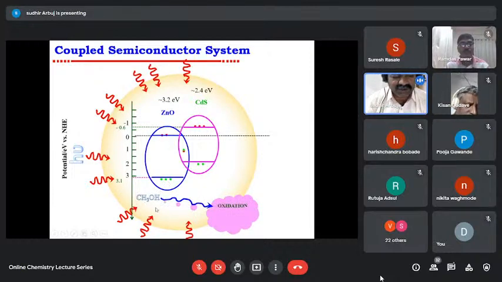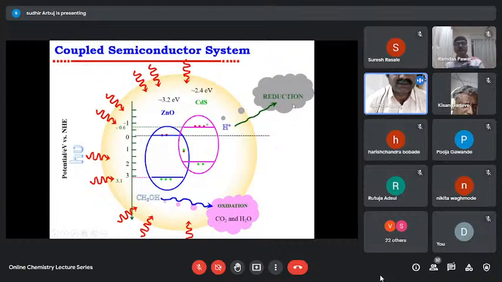The hole oxidizes ethanol, or whatever sacrificial reagent is used, creating CO2 and H2. The electron reacts with H+ ions and gives us hydrogen gas. So sacrificing one electron-hole pair gives us one electron and one hole for further reactions.